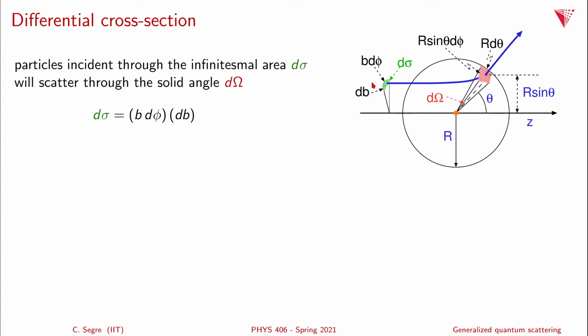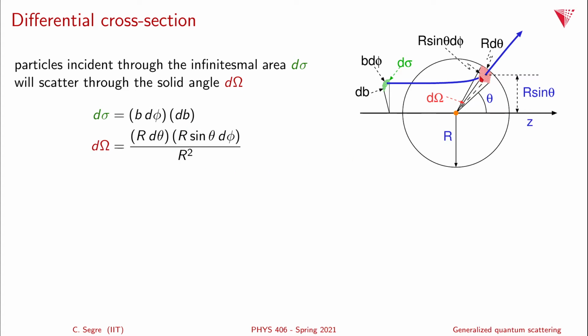The rectangle on one side is b dφ, where b is the impact parameter, and φ is the angle around the z-axis. That's the length of this side, and then the length of the other side is just db. So you have dσ equals b dφ db.